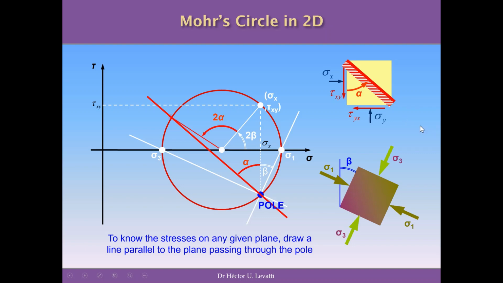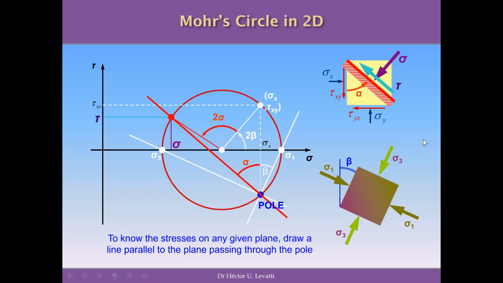Once we define the direction of the new plane we are interested in, we define a point in our Mohr circle, and this vertical segment in here will represent the shear stress at this plane, and the horizontal distance from here to the origin of coordinates in the horizontal axis will represent the axial stress on that plane.